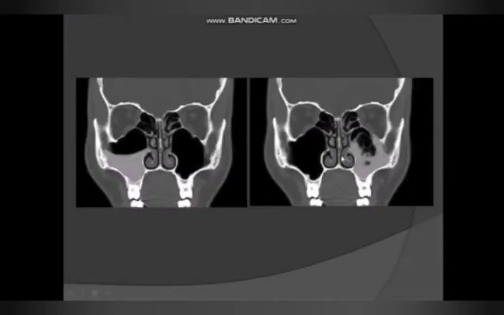Like in this picture here, we have an active sinus infection in the maxillary sinus. That will be shown as air bubbles or as an air fluid level, like shown in this picture.